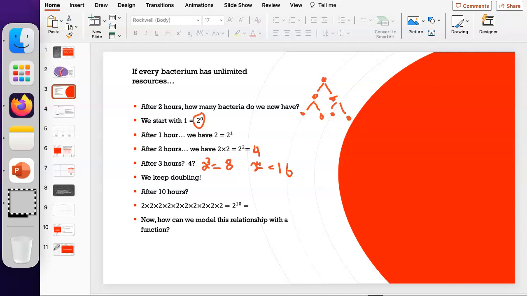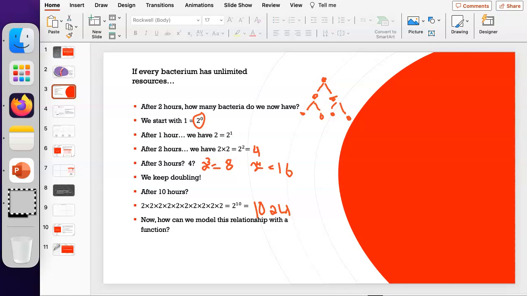And 2 to the 10th power is, if I get my calculator going here, 2 to the 10th power is going to be 1,024. Whoops. Came out a little bit funky there.